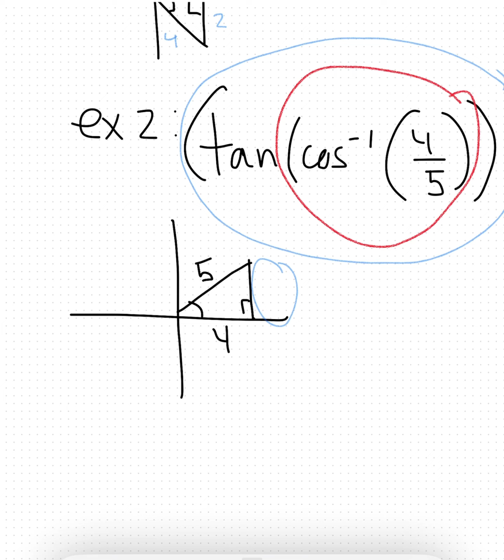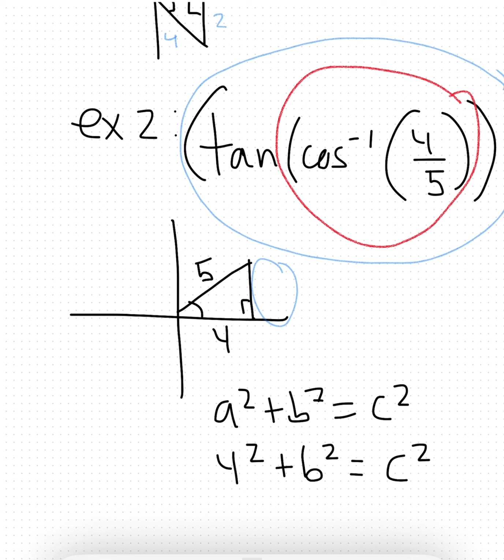Well, this is a right triangle, so we can use the Pythagorean theorem. So that will look like 4 squared plus b squared equals c squared. We know c is 5, so 5 squared.